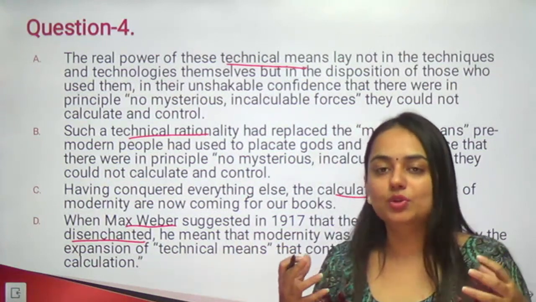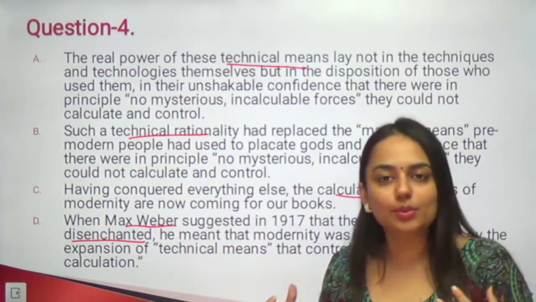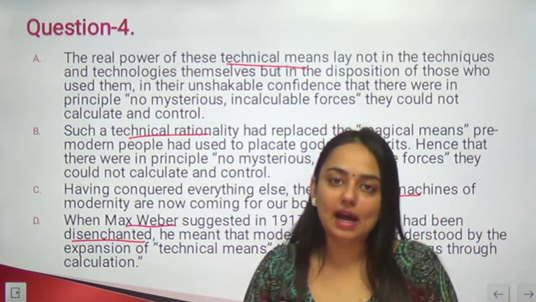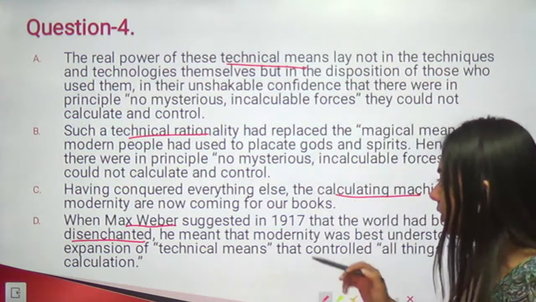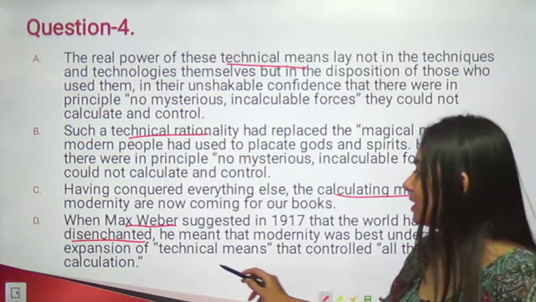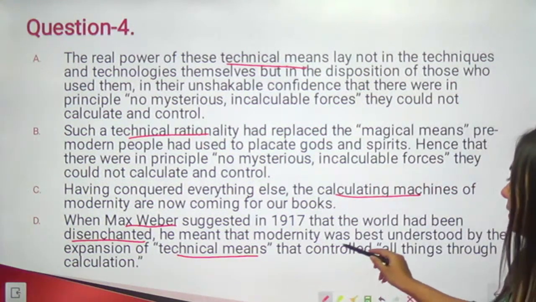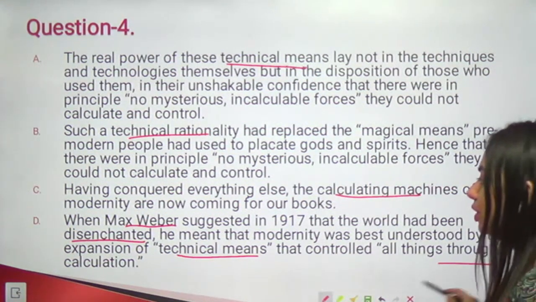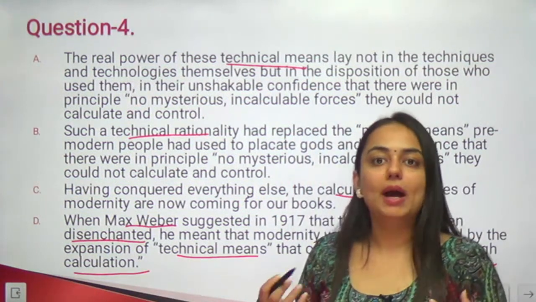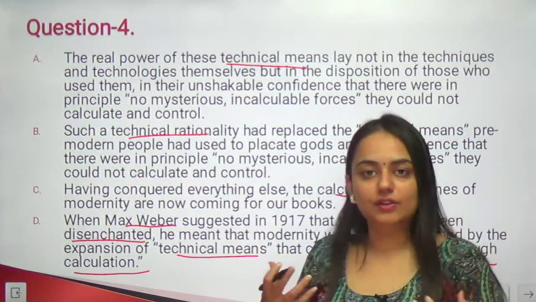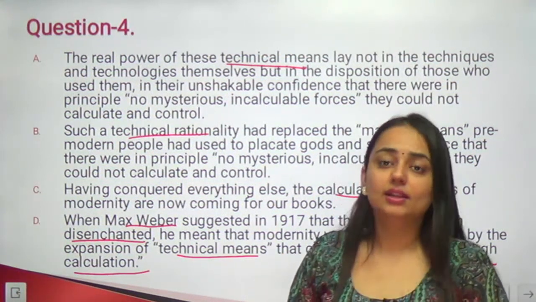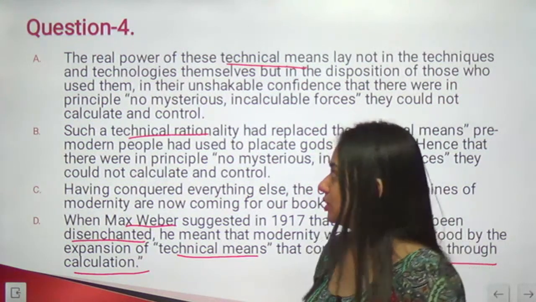There is no mysteries, no magic, no enchantment, because people now rely on calculations, computers, practicality and reality. He meant that modernity was best understood by the expansion of technical means that controlled all things through calculation. So now no more relying on the imagination or magic, or you can say metaphysics or enchantment. Now people rely more on technical means, things that can give you actual calculations.